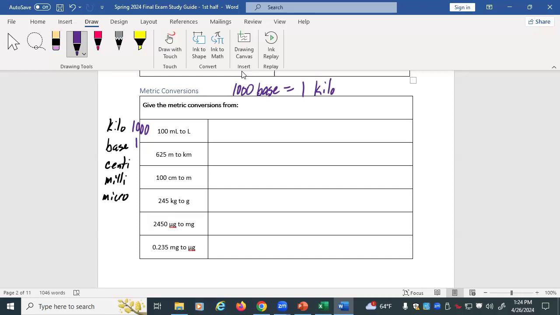For centi, it was 0.01. So 0.01 of the base is equal to 1 centi. Or what we did more often was we turned it around and said 1 base is equal to 100 centi. For milli, it was 1/1000.